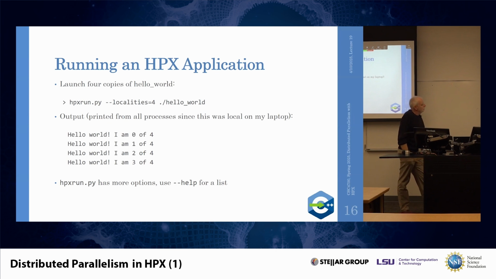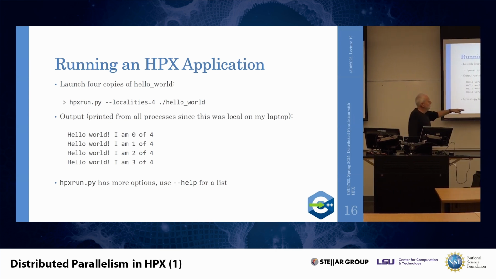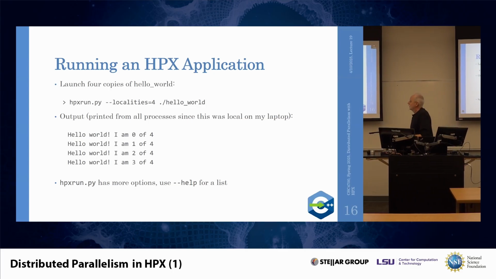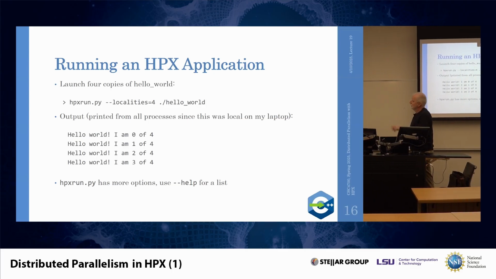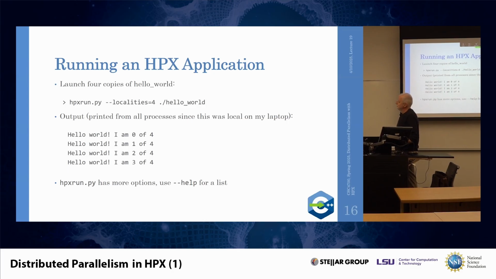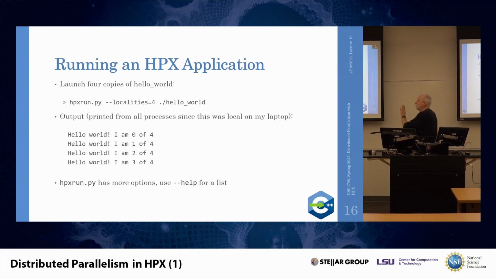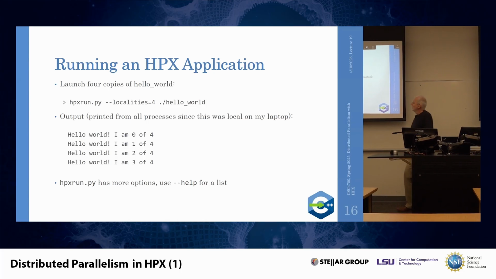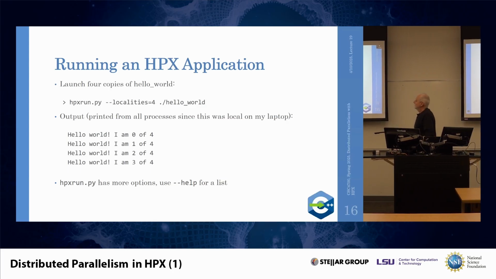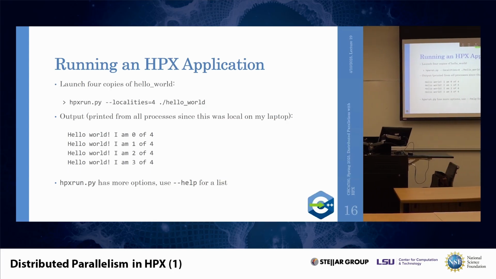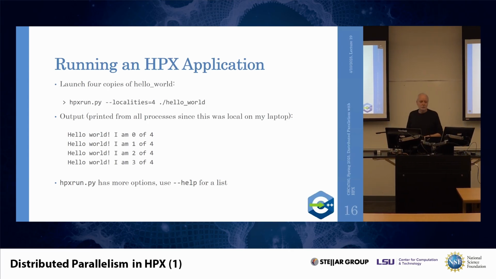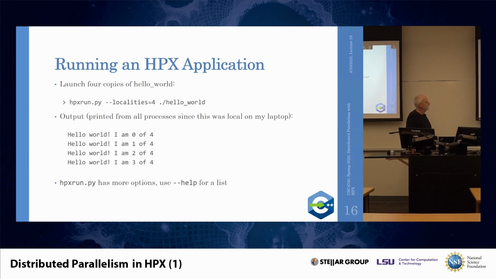Very convenient. It has more options, so you can do --help for a list of more options for how you can use hpxrun, but this is outside of the scope of what I want to talk about. So we now know how to build an HPX application, how to make sure that every node actually executes its main function, and how to run it on the target machine in a way that I still get exactly what I expected, namely my Hello World 4 times from 4 different processes.